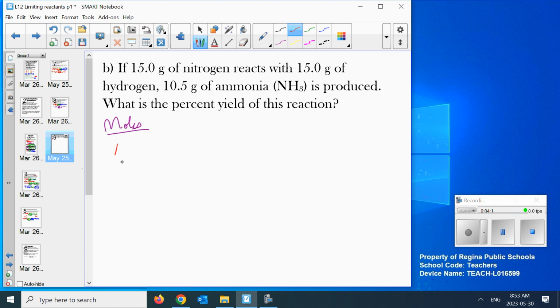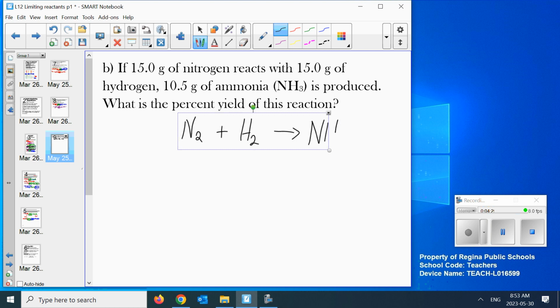You know what? Before we even start this, I'm going to write the reaction, because we don't have one. So we've got nitrogen, hydrogen, and ammonia. We've got to balance this.